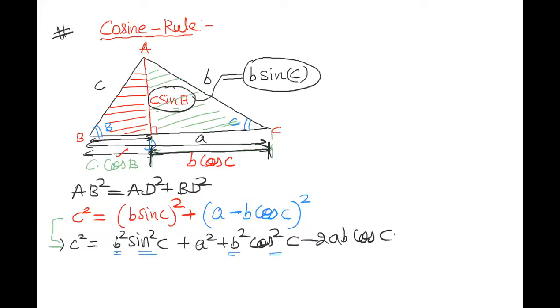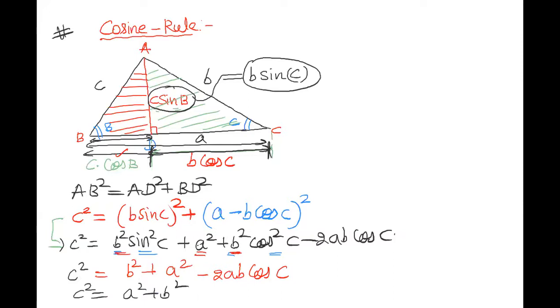So this is nothing but b square plus a square minus 2ab cos C. This is nothing but c square. So c square I can rearrange and write as a square plus b square minus 2ab cos C. This formula we got.